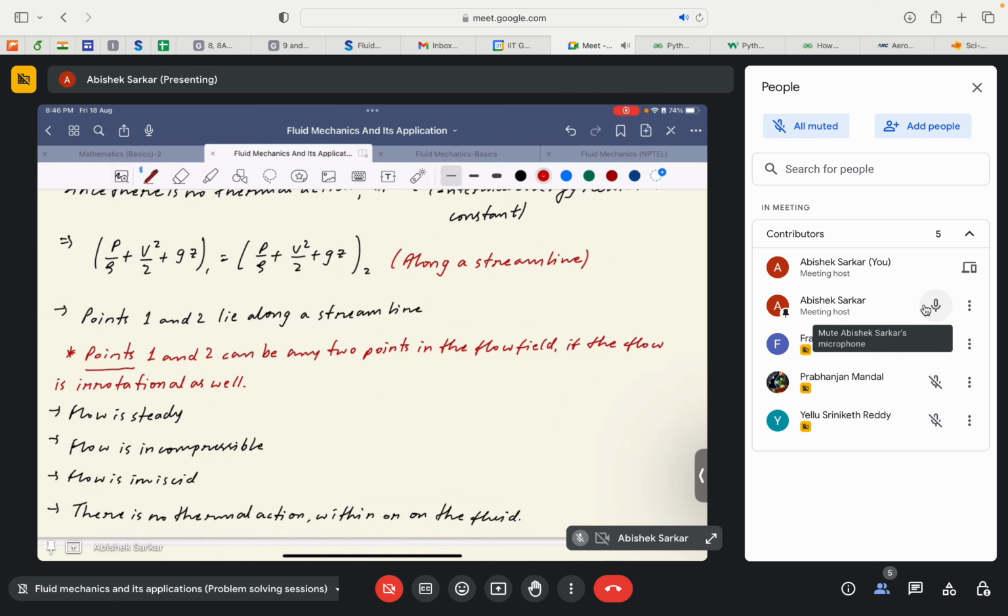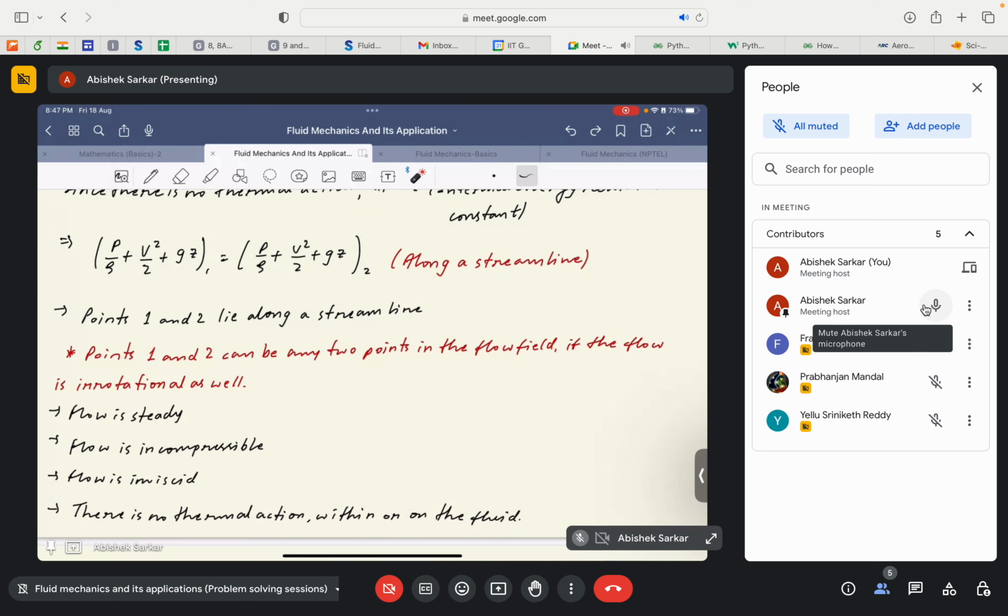Points 1 and 2 can be any 2 points in the flow field if the flow is irrotational as well. Okay, is that clear? See, we are saying that for the validity of the Bernoulli equation, the 2 points at which we apply the Bernoulli equation should lie along a streamline, on the same streamline.